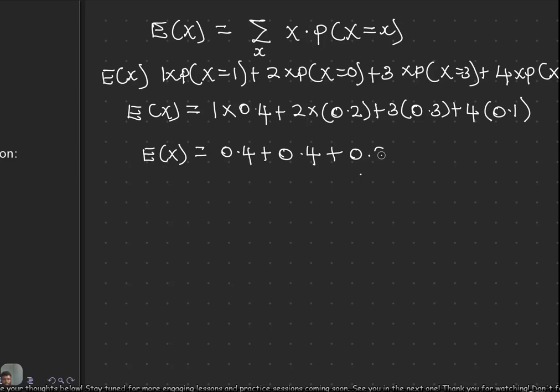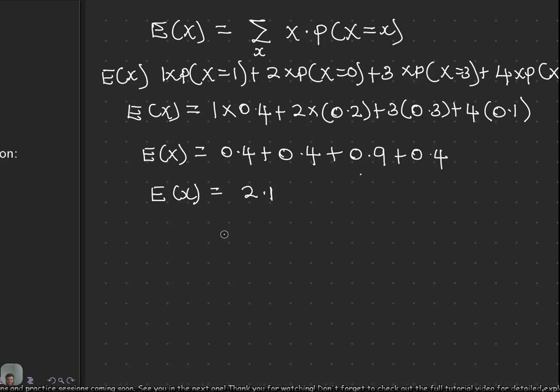Easy. So we now add all of this together. You can quickly punch it in your calculator, and then you realize that you have your expected value being equal to 2.1, right? So this is our expected value.